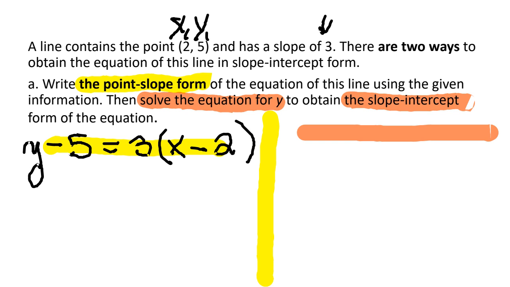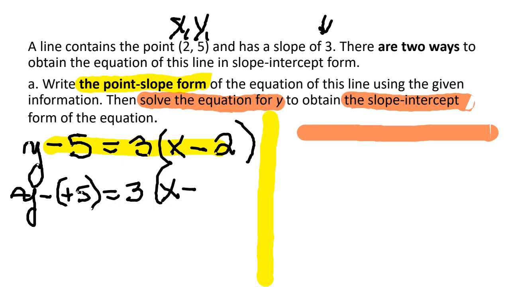Well, a negative and a positive, I know. In my head, instead of writing y minus a positive 5 is equal to 3 parentheses x minus positive 2, I just knew that my negative times a positive that happens in these two places was going to give me that negative sign.